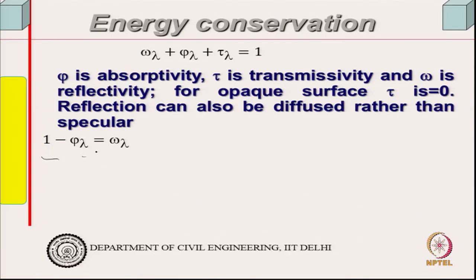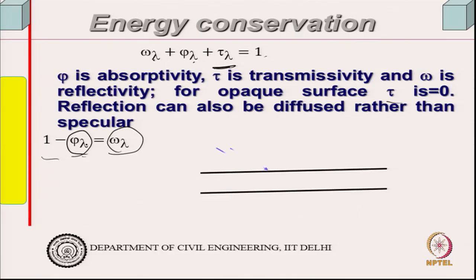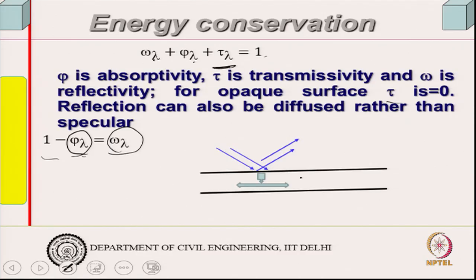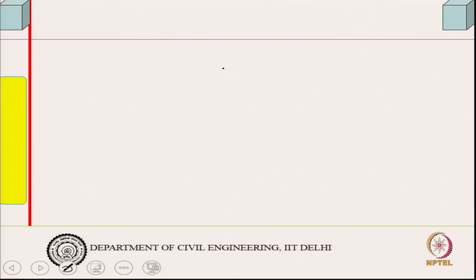If it is an opaque body, this transmission term would be 0, then the other two must sum to 1. So 1 minus absorptivity must equal reflectivity. We will use them later on. Whatever is coming onto a body, part of it is reflected, part of it is absorbed, and this is the sum total.